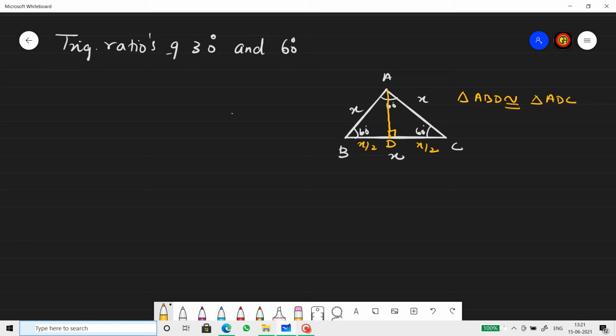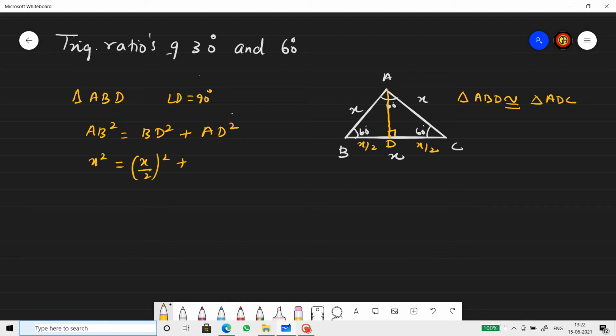Alright. Now what is AD's length? In triangle ABD, in which angle D is 90 degree, forms a right angle triangle. Therefore, I can use Pythagoras theorem for that. So that means AB square equals BD square plus AD square. Right? So AB I know as x, so x square. BD is x by 2 the whole square.